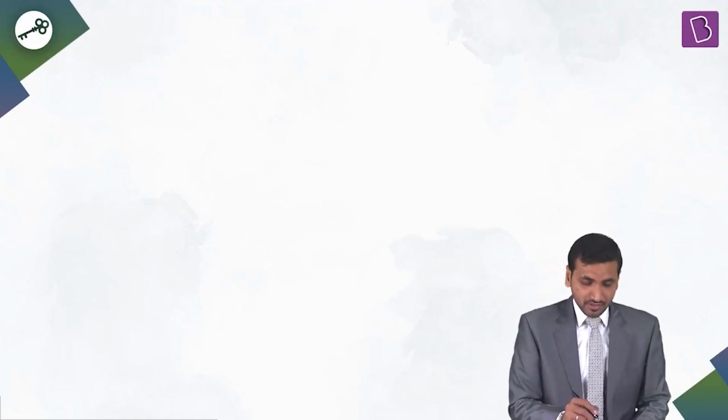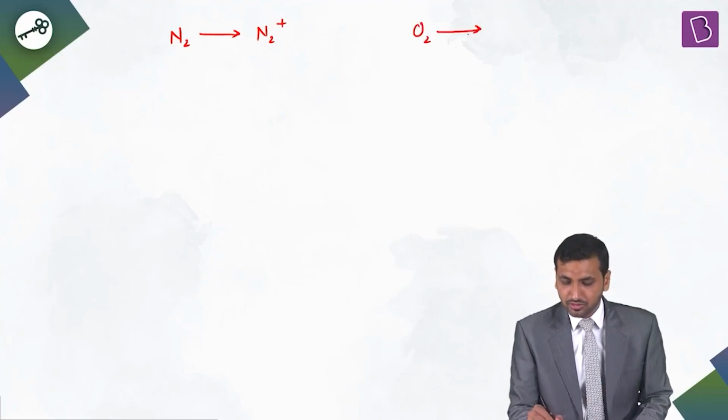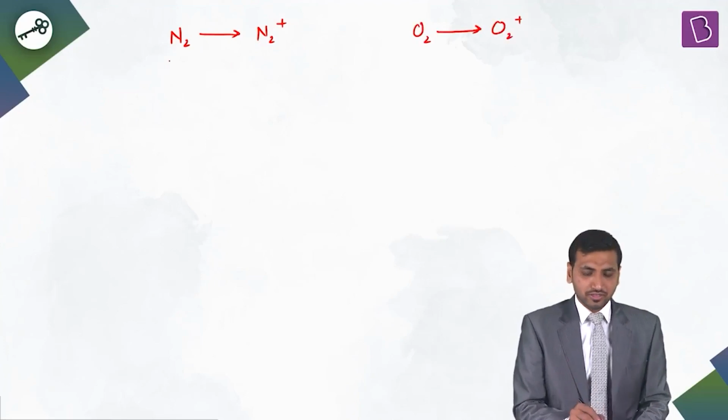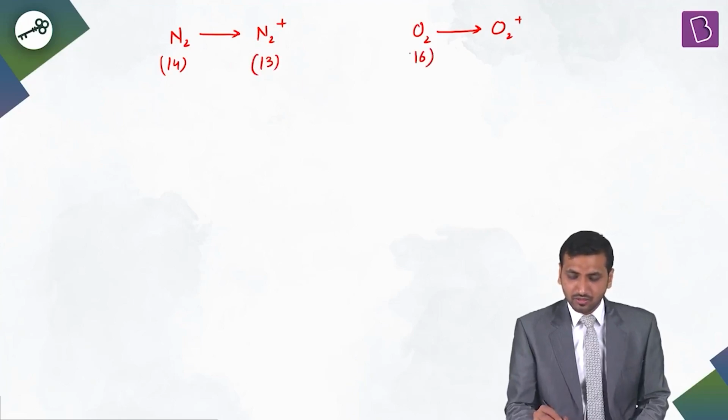See, you have N2. You are going from N2 to N2 plus, right? And you have O2. You are going from O2 to O2 plus. If you calculate the number of electrons, you have 14. 1 electron is removed, you have 13. Here 16, 1 removed, 15.